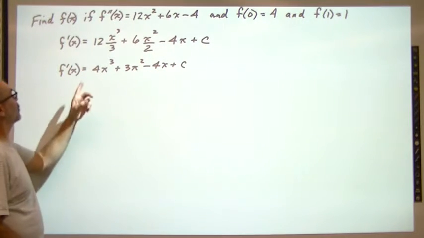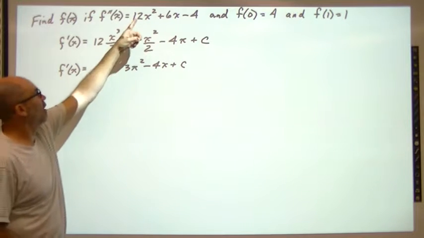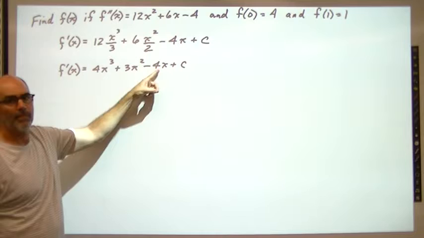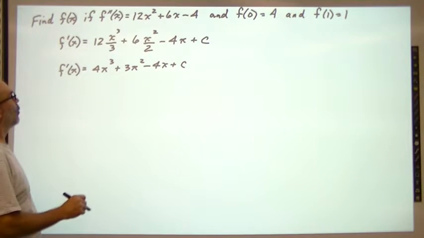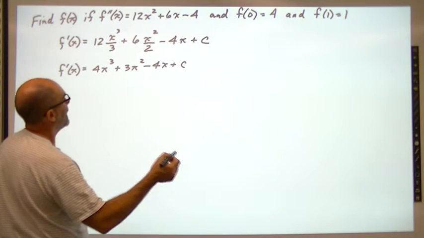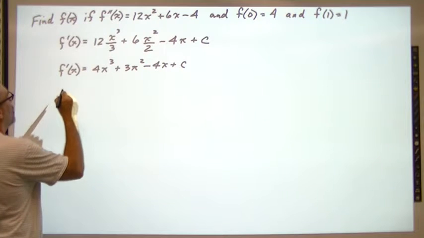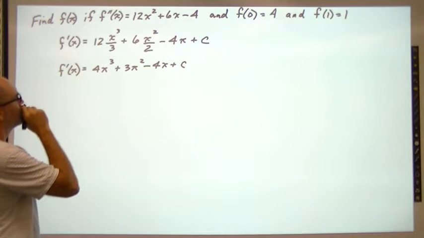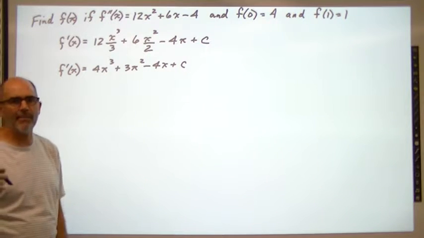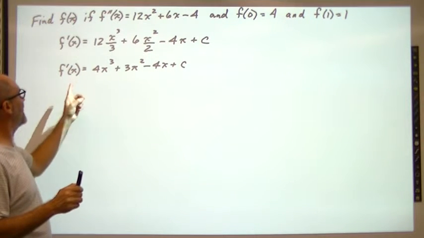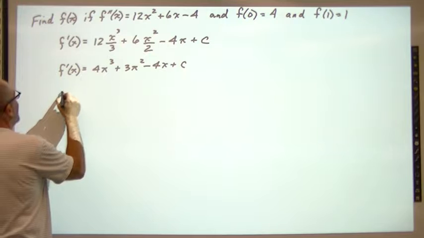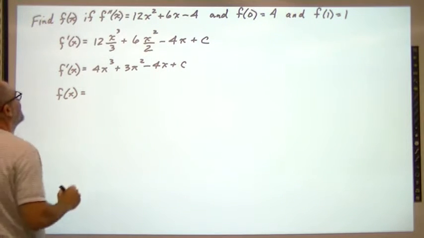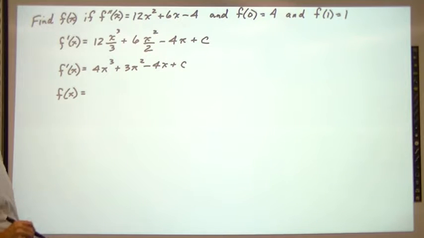Now, if I take the derivative of this, I get 12x squared plus 6x minus 4. Now, we know that f of 0 equals 4. So, oh no, we got to do one more step. Okay, yeah, one more step now, and we say f of x is the antiderivative of f prime of x.